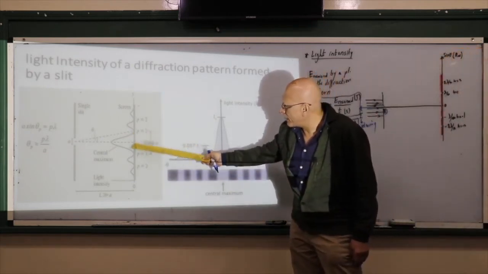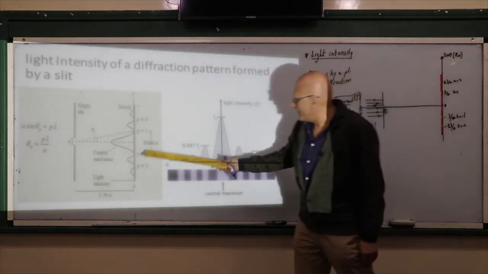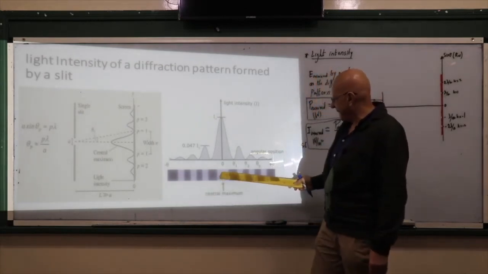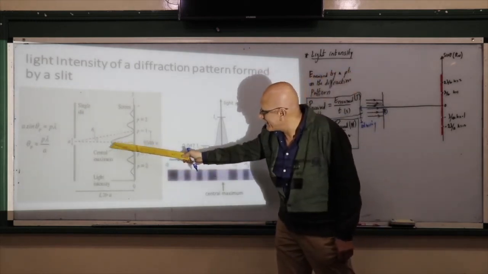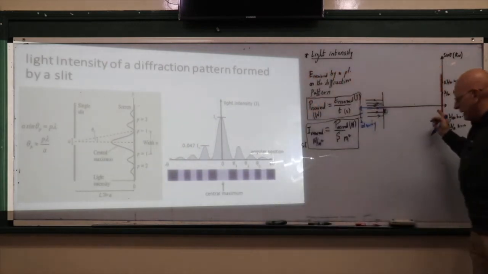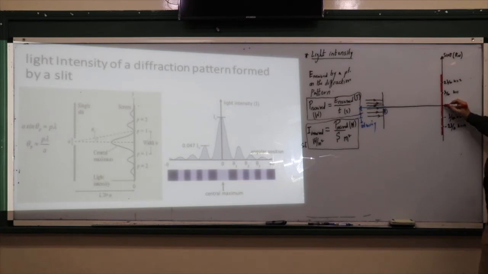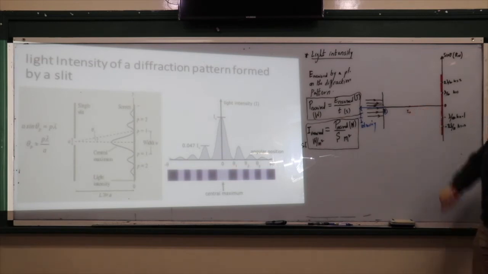The central bright fringe, this one, is more intense, its intensity is maximum at its center. Let us draw it here. At O, at the center of the central bright fringe, the intensity is maximum. I am going to call it I node.